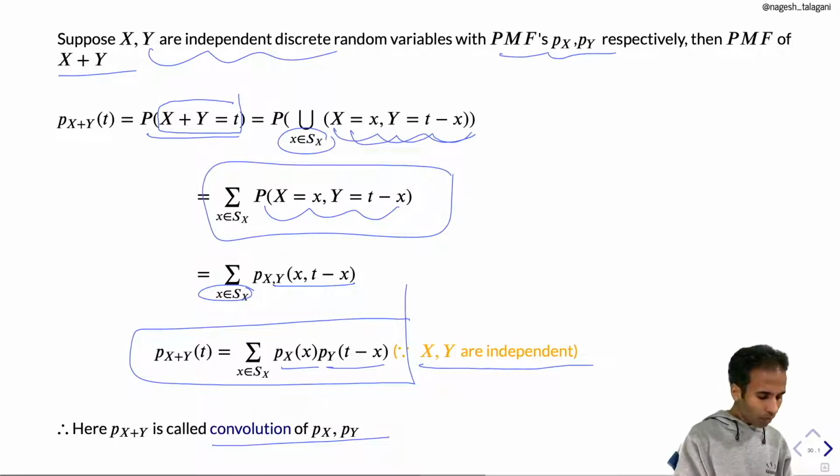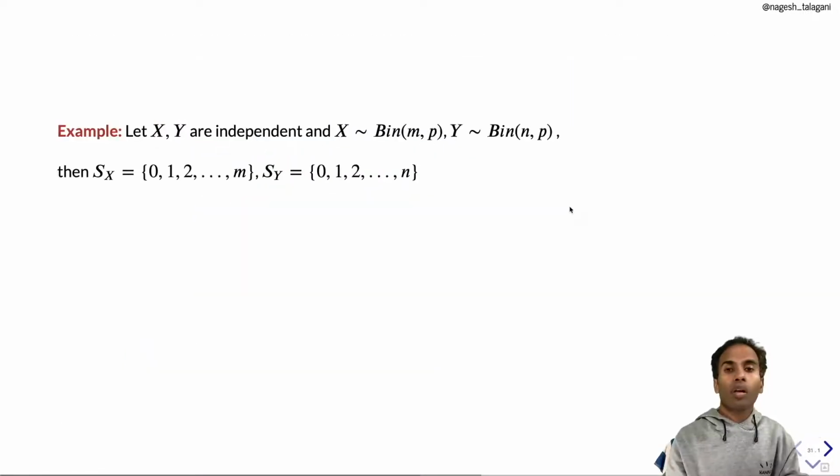Fine? Okay. We already know that the sum of independent binomial random variables with the same probability of success is again binomial. Now let us verify the same fact using the convolution formula. Let X and Y be independent, where X follows a binomial distribution with parameters m, p, and Y follows a binomial distribution with parameters n, p.